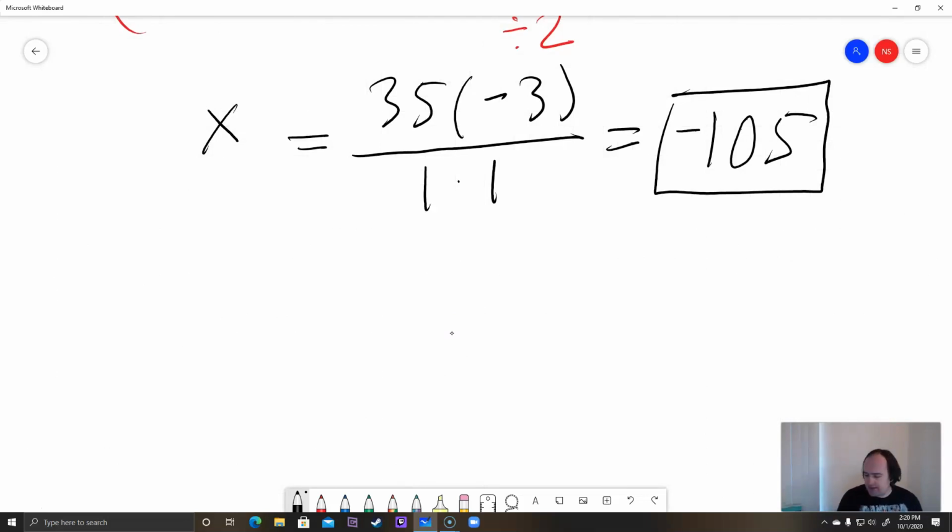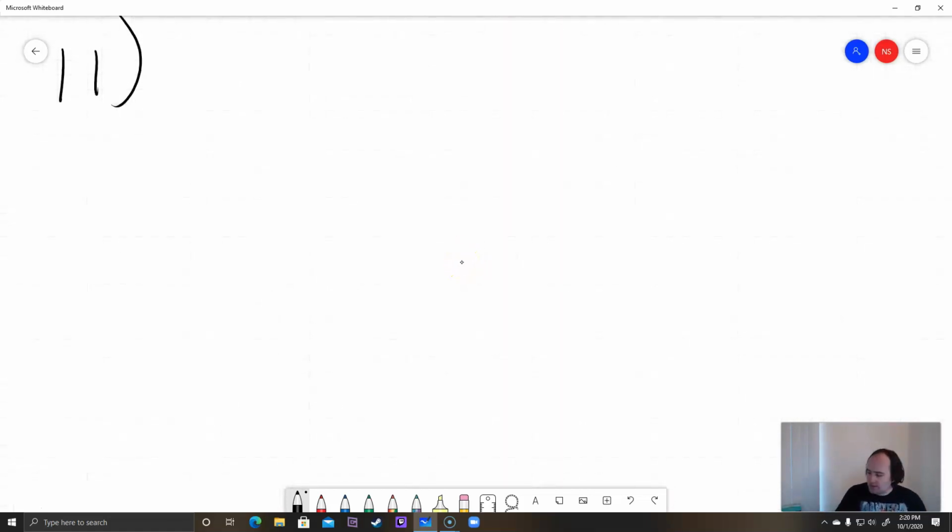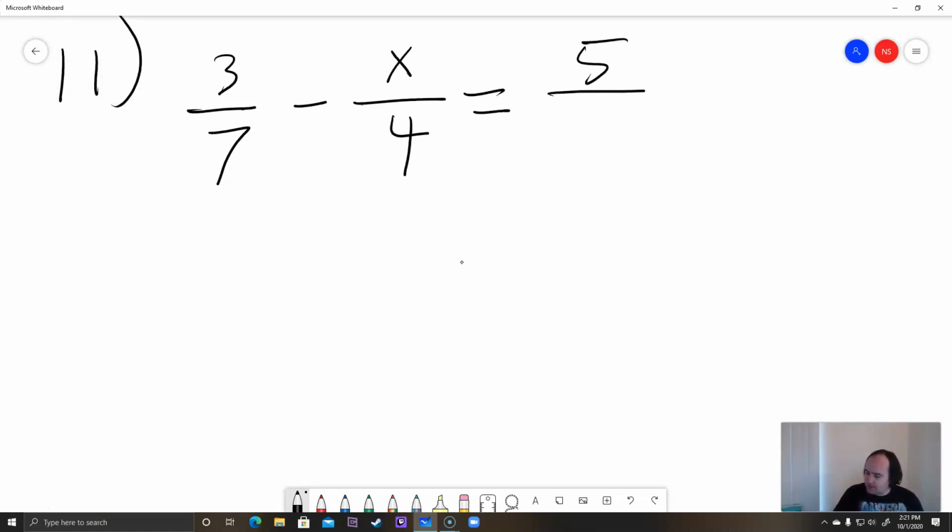So for this one, we have 3 different fractions. All right, so this is example number 11. We have 3 different fractions. 3 over 7 minus x over 4 equals 5 over 28.